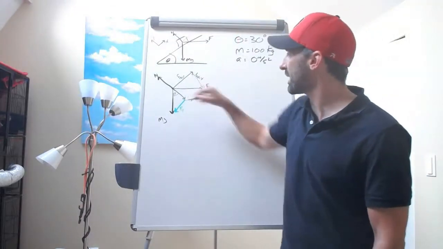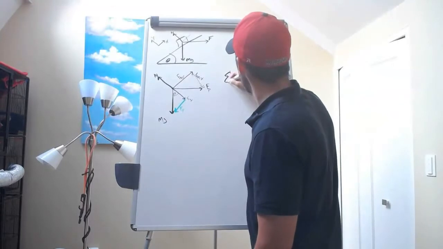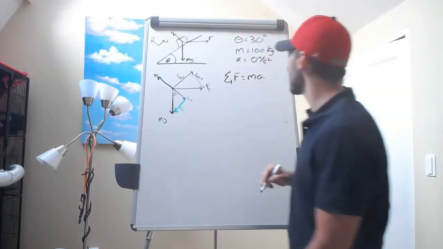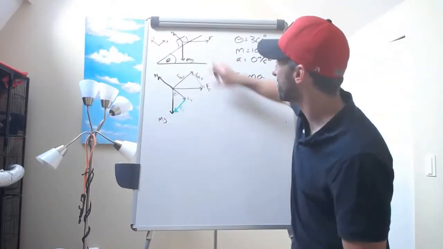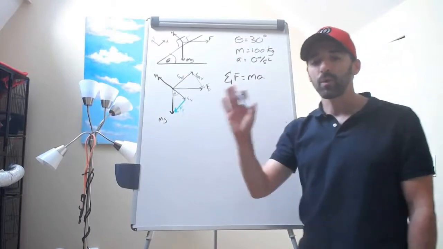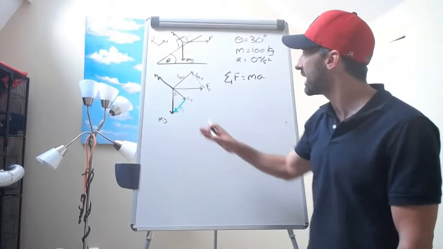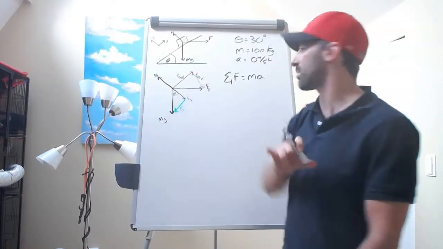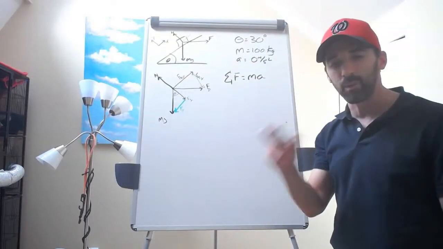So now I can start summing up my forces. Remember, Newton's law, all of the forces, the net force equals ma. We know that our net force has to be 0, but we also know that vectors can only play in the same direction, meaning I can only deal with the normal force and that F perpendicular at one time, and this F parallel and that F parallel at one time.